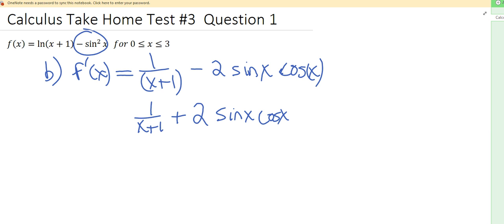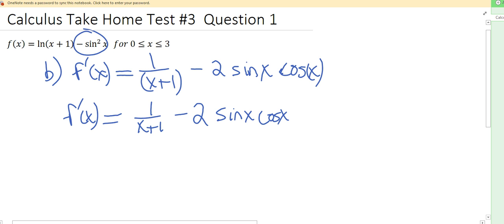In fact, it is a minus 2 sine of x. Obviously, if they ask you to find the derivative and you need to actually list it, that's the way you do it. But since this is calculator active, I'm going to show you a little trick to put in the derivative without having to actually calculate it, if it's allowed.